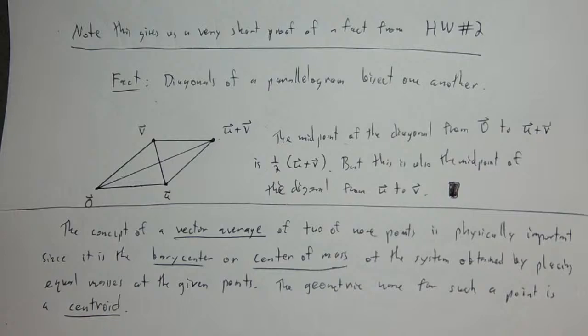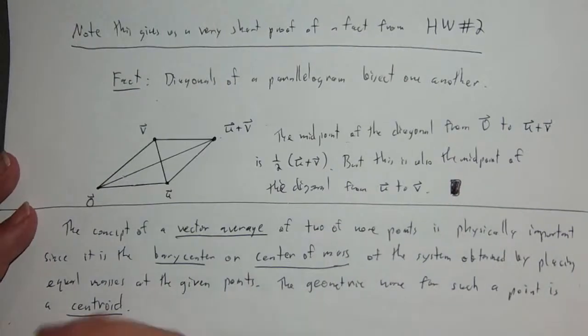All right, and so a vector average of 2 points is just a midpoint, but if it's, say, 3 points or 4 points, then ultimately the thing we get is similar in concept, but it's a slightly different thing. It's worth actually investigating on its own. So next we consider the case of a triangle.